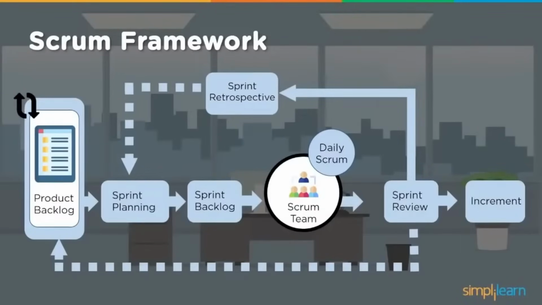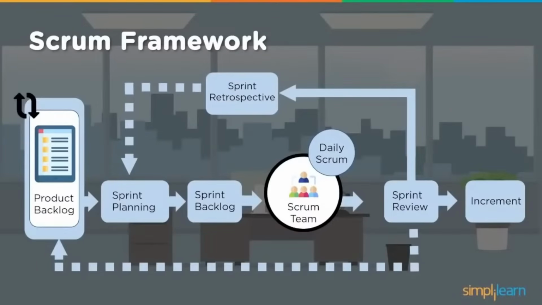Once the deliverables of that particular sprint are done, there is a review on it. Then the increment is delivered, and at the same time the retrospective checks what was planned versus what is delivered. At the same time, the review points come and get updated to the product backlog, as well as to the product owner.